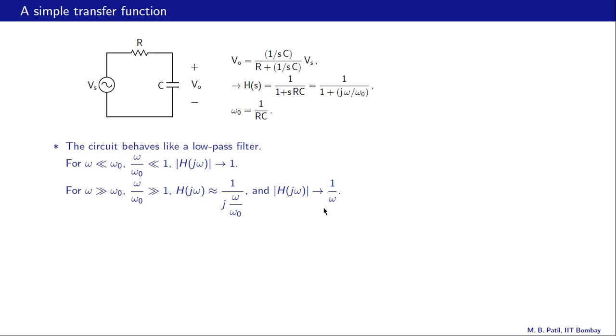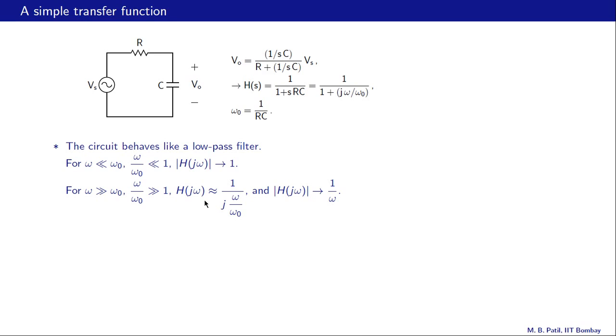That means if we go on increasing omega, the magnitude of H of j omega goes on decreasing. So that means the output voltage is much smaller than the input voltage in magnitude. Let us note that this H of j omega could also be written as simply H of omega, but this is a more commonly used convention in textbooks, especially in control systems. So we will stay with this notation.